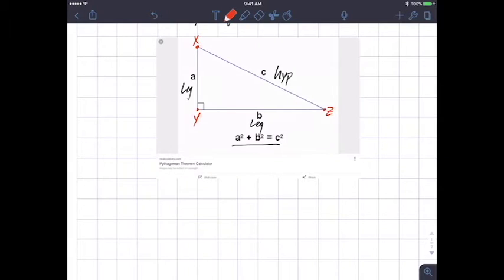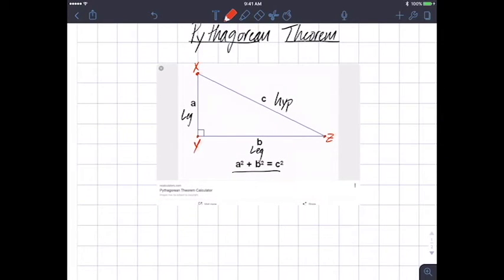Side note, if you don't have the length from here, let's say from X to Y, you don't know what A is, you don't know what B is, you don't know what C is, what you could do is use the distance formula, which we have covered already. So I'll write that down.